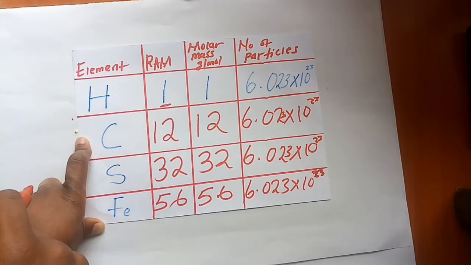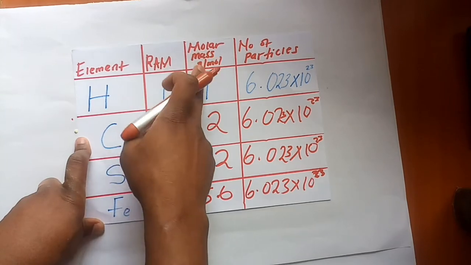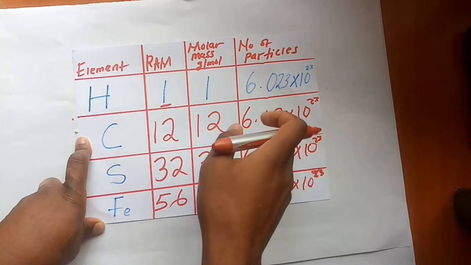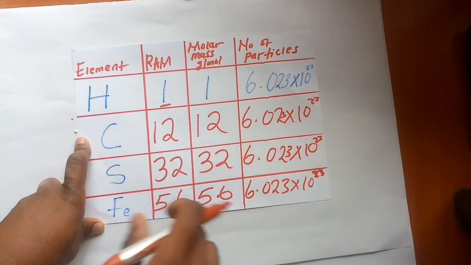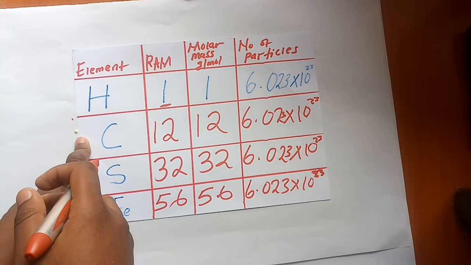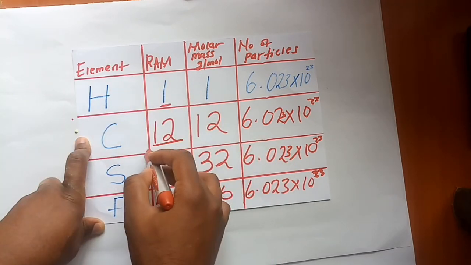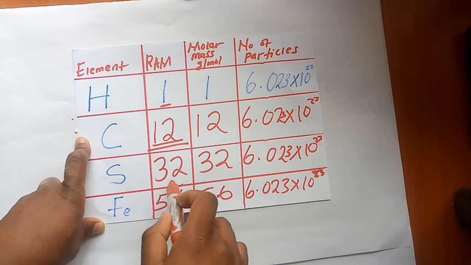So what can we conclude therefore? 1. The RAM gives you the molar mass, or the mass of 1 mole. 2. The number of particles in 1 mole of anything will always be 6.023 times 10 to the power 23. And this is what makes it even easier. You'll always be given the RAM. In any question, you'll always be given the RAM.